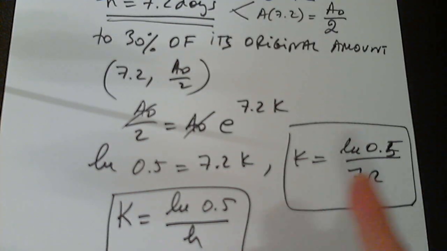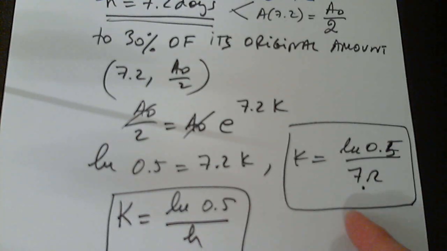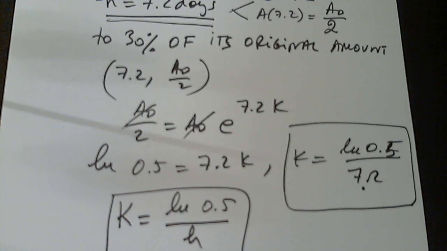So now I will have to divide natural log 0.5 by 7.2 to see what K is. And for K, I highly recommend always for the growth rate or decay rate, always use 4 decimal digits. It's an exponential function, and a tiny difference means a lot of error. So I have natural log of 0.5, and I divide by 7.2.